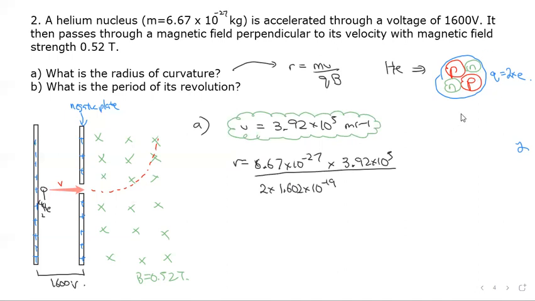A proton has the same charge as an electron, times B. And that gives you an answer of 1.57 times 10 to the negative 2 meters. So basically, you'll end up going through a radius of 1.57 centimeters. That's basically the idea.